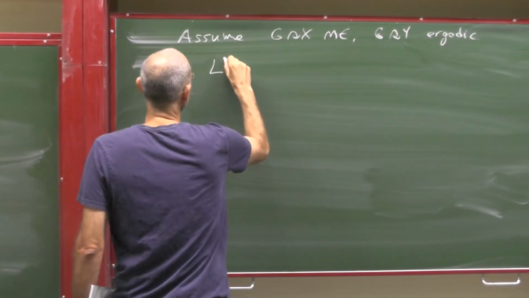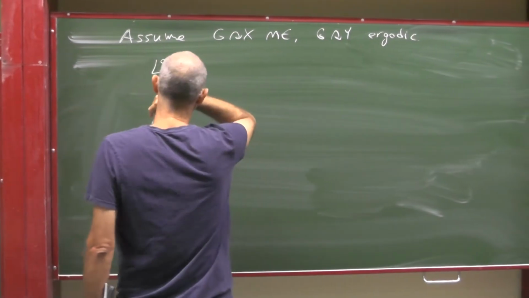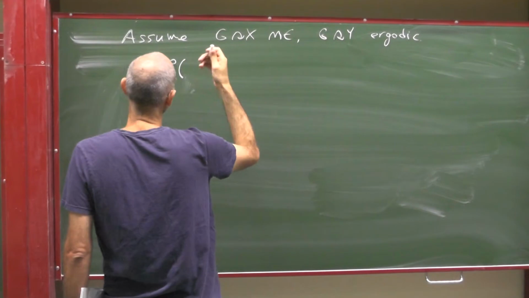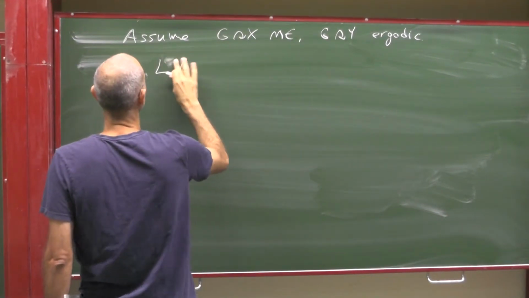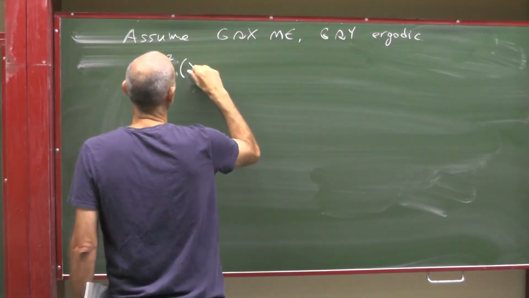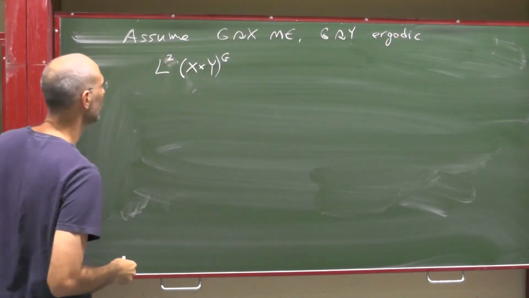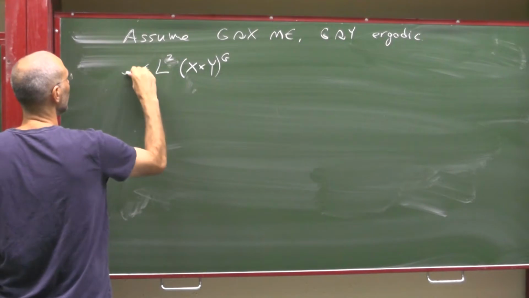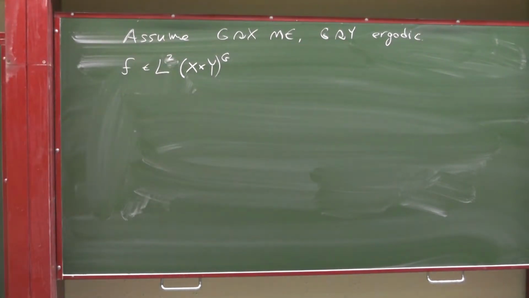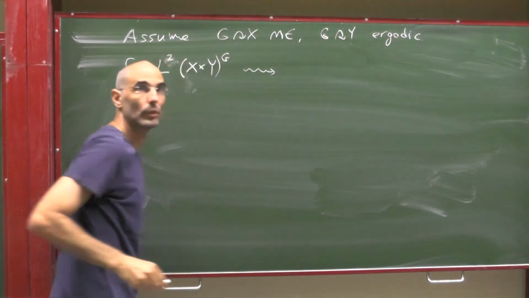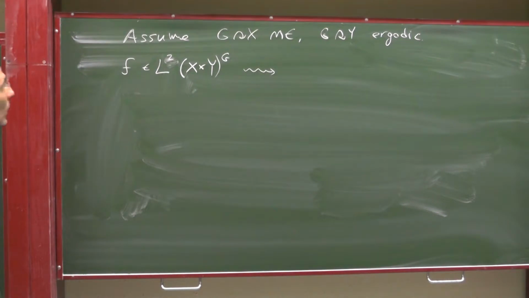And I want to show that L infinity of X times Y invariants are trivial. So take a function here. I want to show this function is constant. So the trick is very easy.